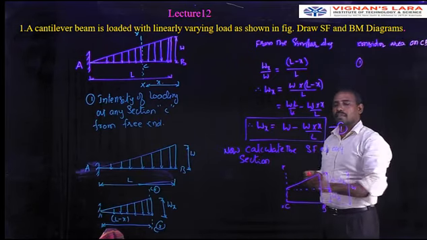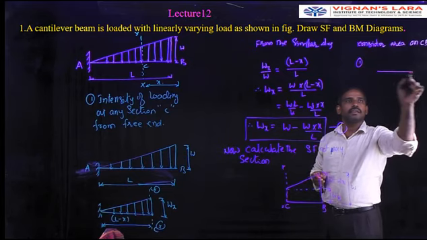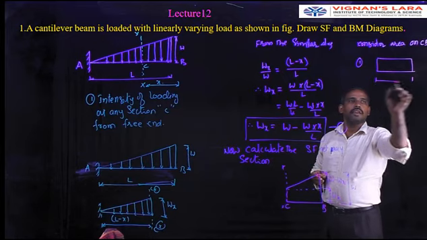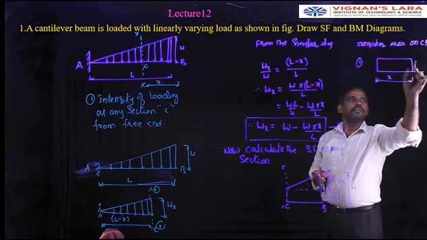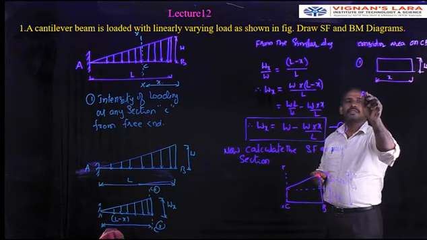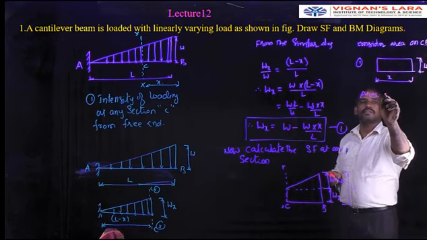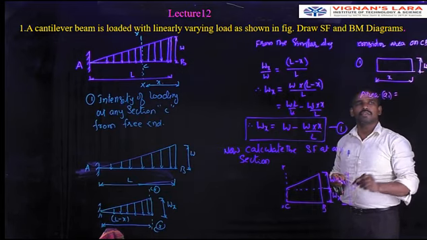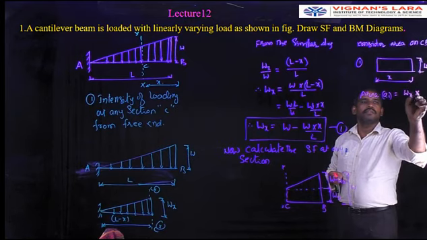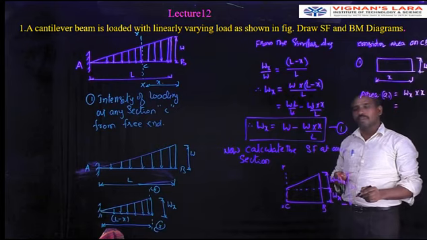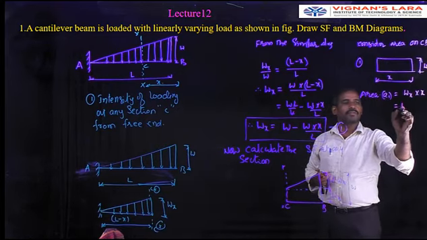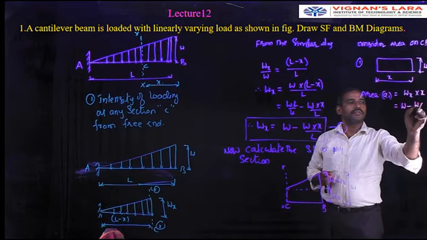The first part is a rectangle of length X, with height W suffix X. Say this area is A1 for convenience, that gives the total area, W suffix X into X. We know the W suffix X, that is equal to capital W minus W into X.